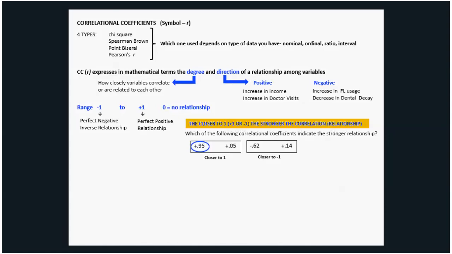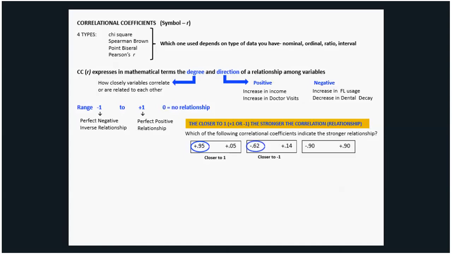There is a relationship or correlation between two variables here. It's not as strong as that 0.95, but it is definitely stronger than the 0.14, and it's stronger than the 0.05. So this means that there's probably a midpoint correlation, and it's a negative correlation, meaning that one variable goes up, the other one goes down, type of thing.